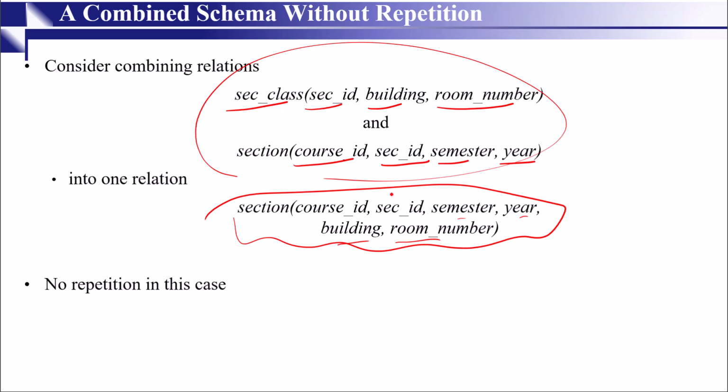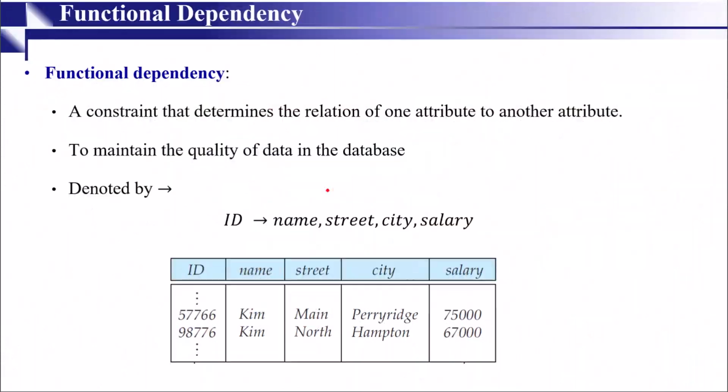This eliminates repetition, so each piece of information appears exactly once, making the schema cleaner and more efficient. This shows how thoughtful schema design can prevent redundancy right from the start.